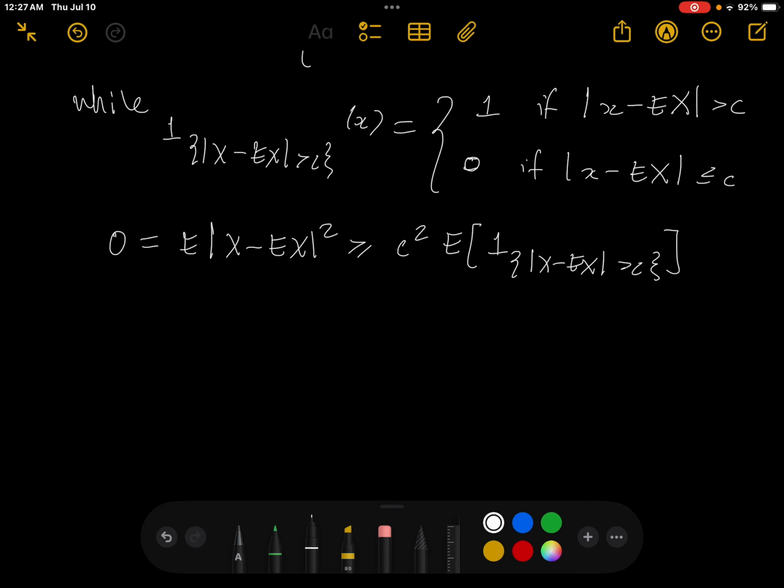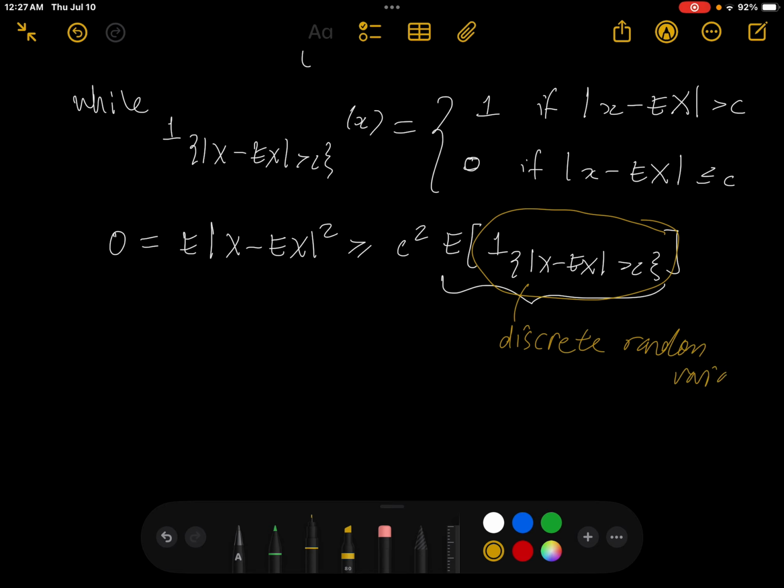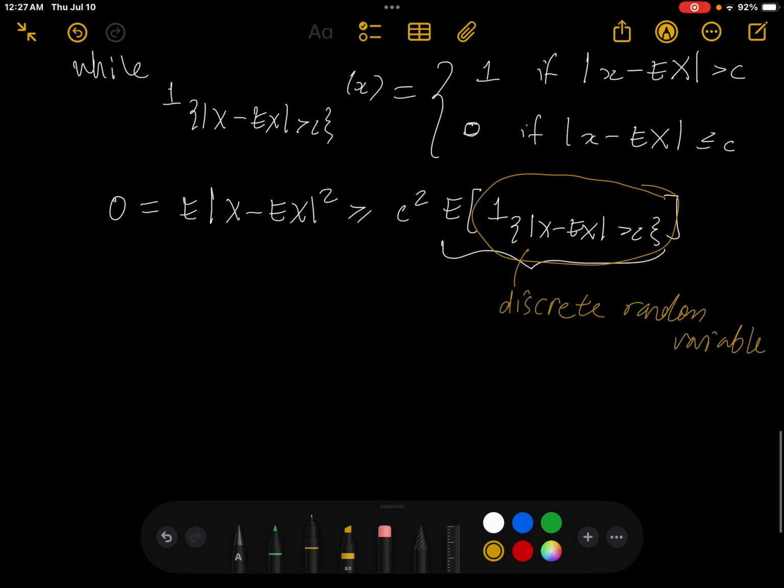All right, now what is this expectation? Well, this random variable here is a discrete random variable. Right? This is not a continuous random variable. This only takes two values, 1 and 0.